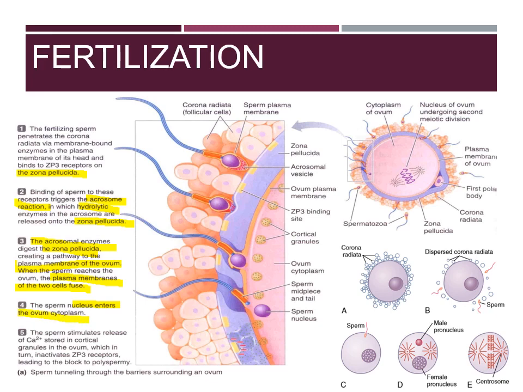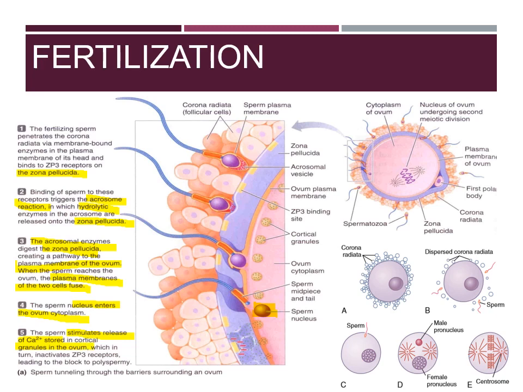As you can see here, the sperm midpiece and tail will stay outside, and only the sperm nucleus will enter the ovum. Then it will stimulate calcium release from cortical granules in the ovum.